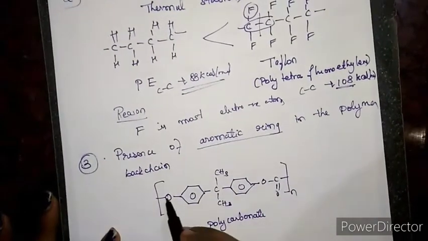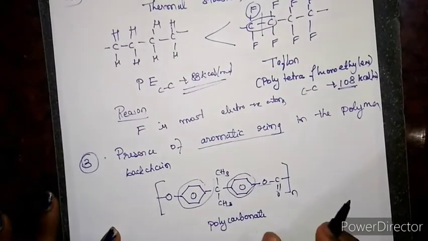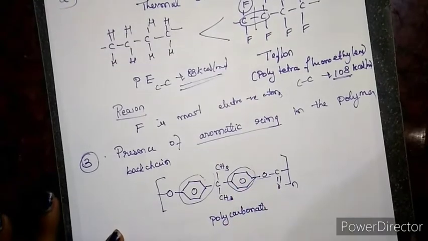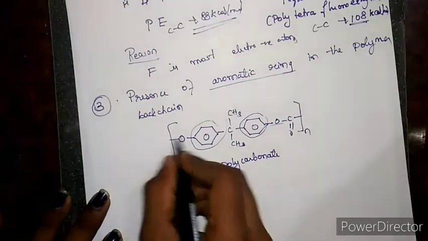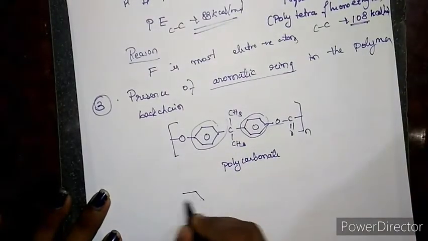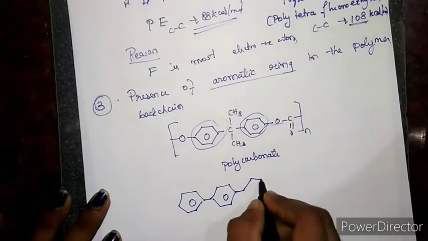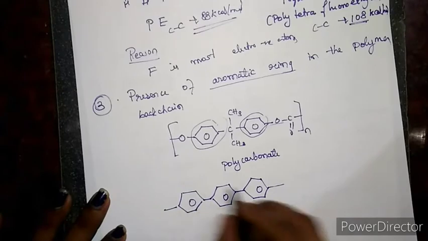Why? Because in the polymer backbone, what do you have? You have the benzene ring or aromatic ring. So if there is an aromatic ring, the thermal stability increases. This is example number 1, and I give another example. It continues like this. What is the name of this compound?